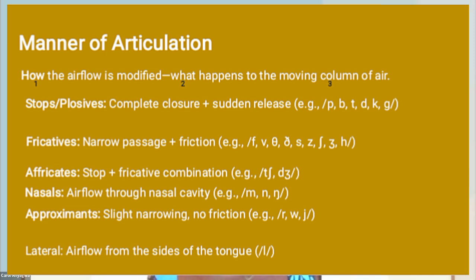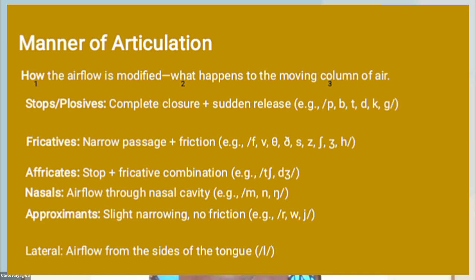So you have such sounds as f, v, s. I want to believe that it's because of the friction that characterizes the air passage that this class of sounds are called fricatives. And then we have the third class, which combines the first two classes, the class of affricates. They combine the total closure of stops with the gradual release of fricatives.